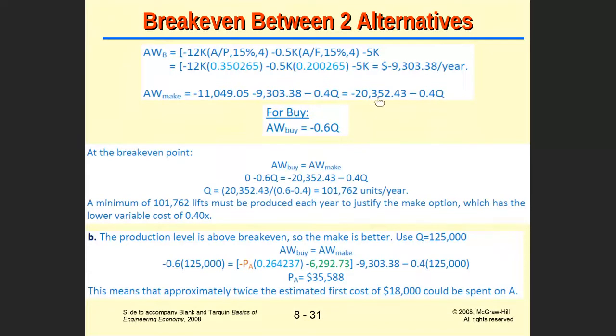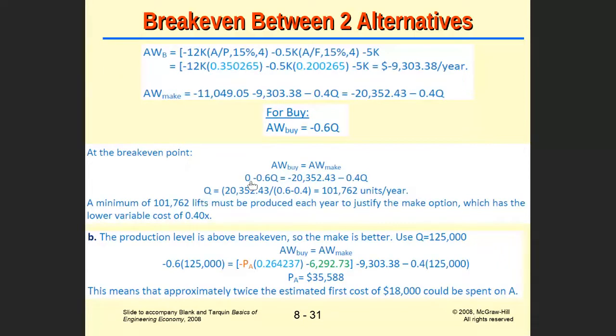Well, we have to equate this part with the only cost we have for the alternative buying option, which is the 0.6 Q. So we put 0 minus 0.6 Q, because 0, this is for the fixed cost, it is 0 here, minus 0.6 Q, this is the variable cost for the buying option, equal to the annual worth cost for the making options, the total cost, the minus 20,000 minus the 0.4 Q.